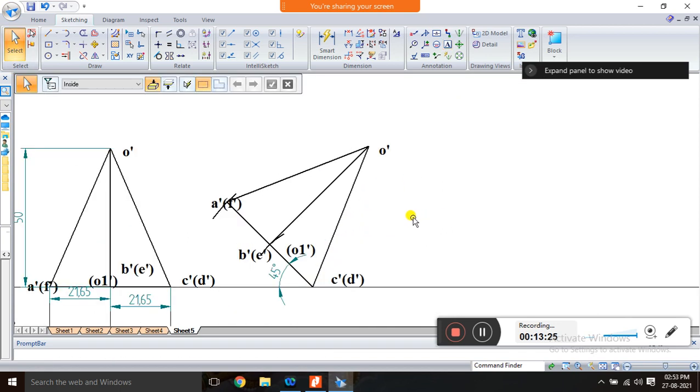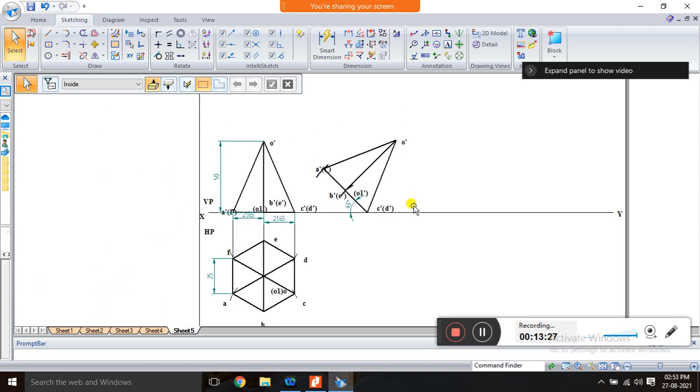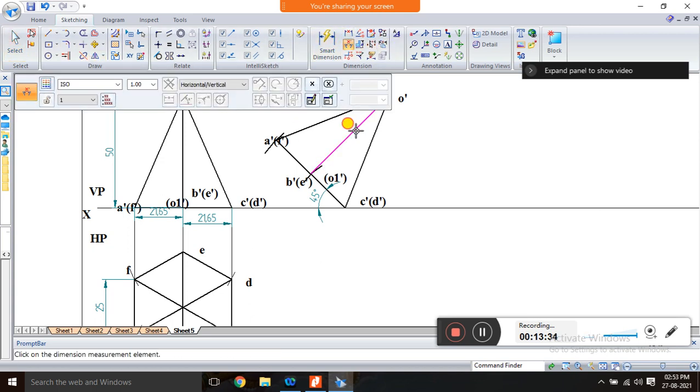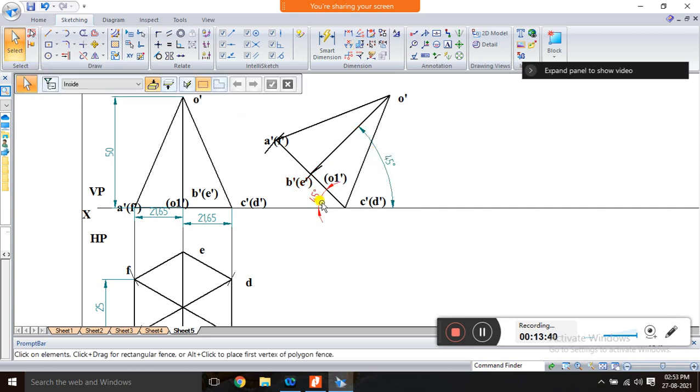So this is a manual construction with the help of compass and your protractor. So the axis is 45 degree, you just cross verify, this is also 45. This is the axis, correct, and this axis is also 45. Because base inclination is equal to 90 minus this axis.